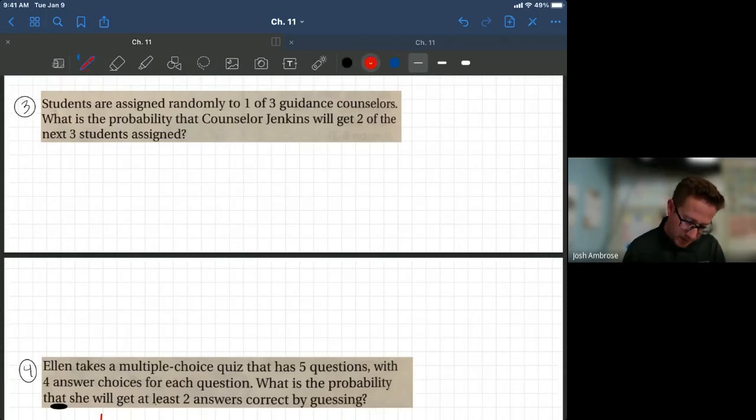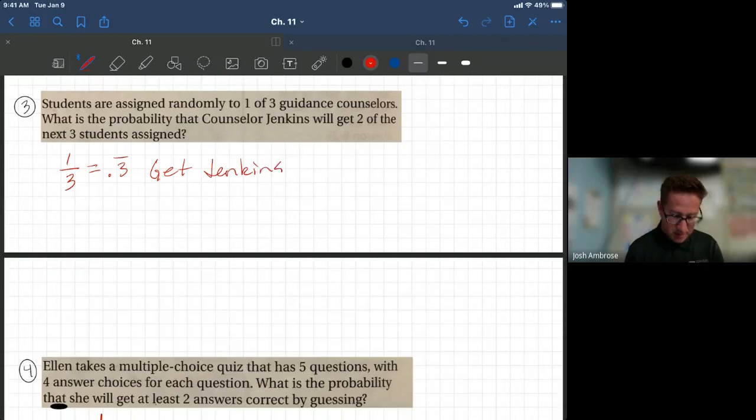So if we have 3 guidance counselors, going back to section 1, real simple, how many guidance counselors do you want? Well, there's only one that is Counselor Jenkins. So there's a 1/3, meaning 0.3 repeating, that you will get Jenkins.